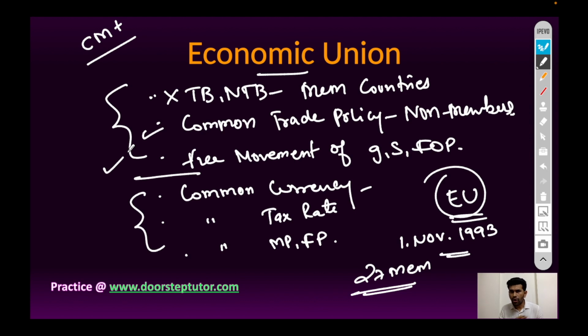So they have considered all the European countries as one country. There is no geographical boundary. All the member countries have a common currency, the euro, and a common tax rate. They follow the same economic policies also.